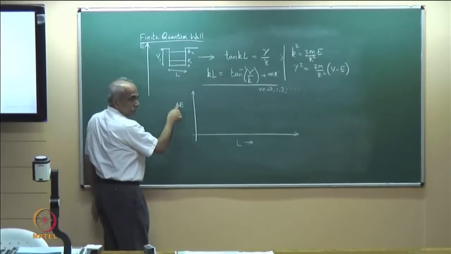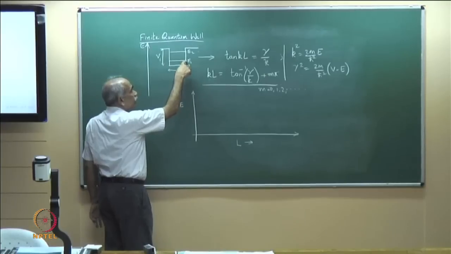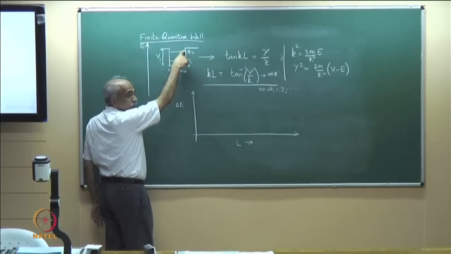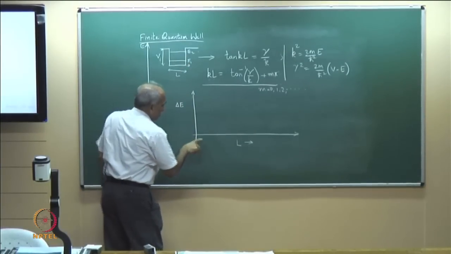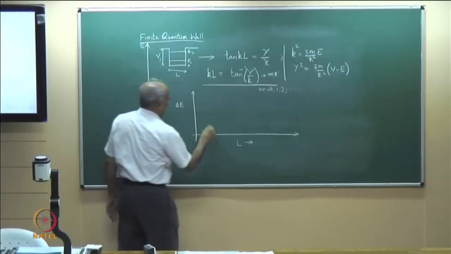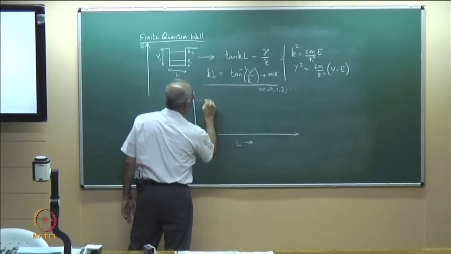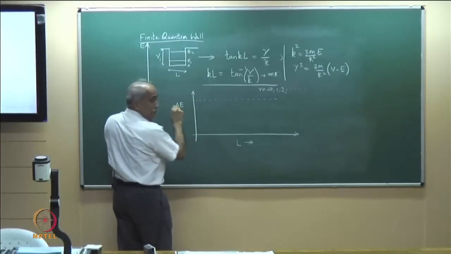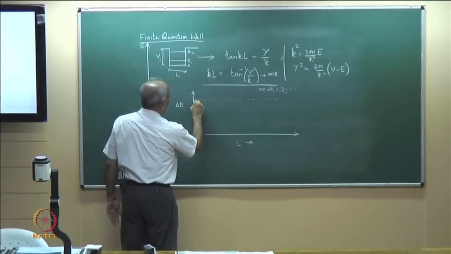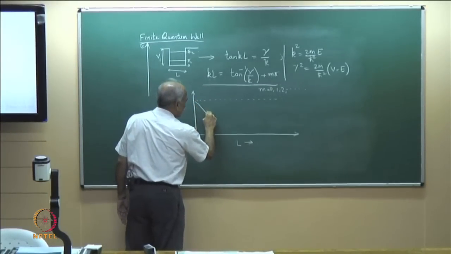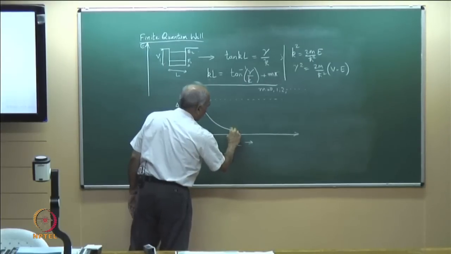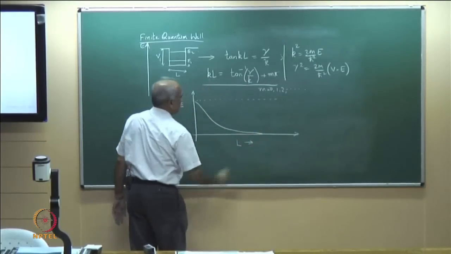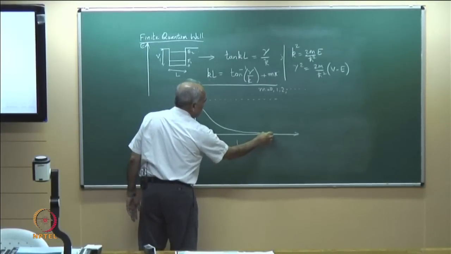So, this delta E refers to the energy of the eigenstates. If you plot this, then you will get solutions like this. Let me first draw the graph and then you see whether you understand. So, this is asymptotically.